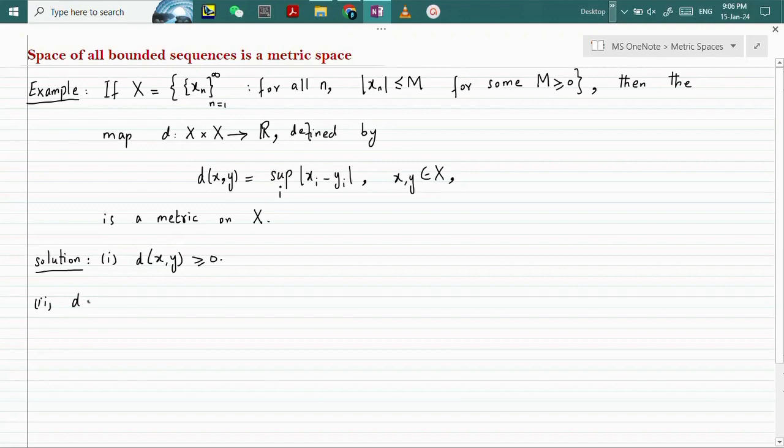The second property is, we prove that d of (x, y) is equal to 0 if and only if x is equal to y. So if d of (x, y) is equal to 0, then this implies that the supremum over i of mod of xi minus yi is equal to 0.